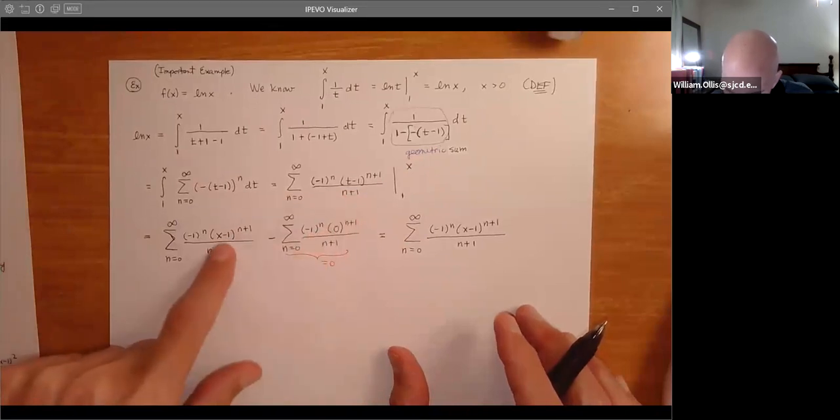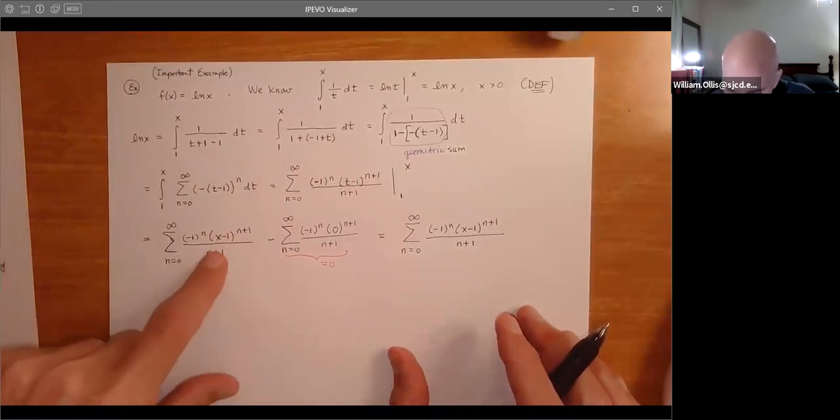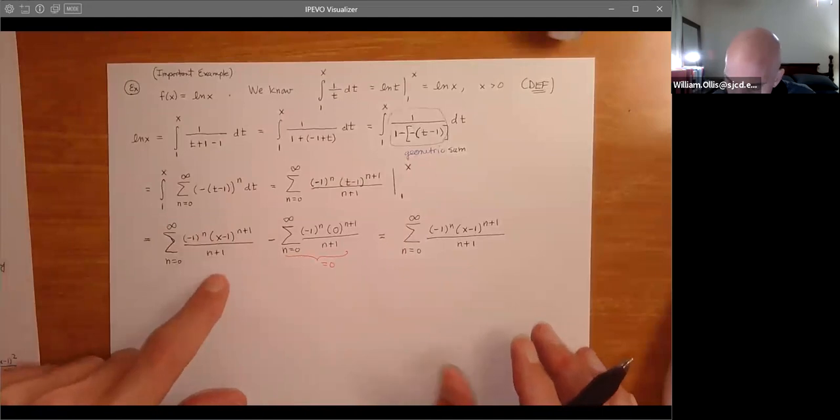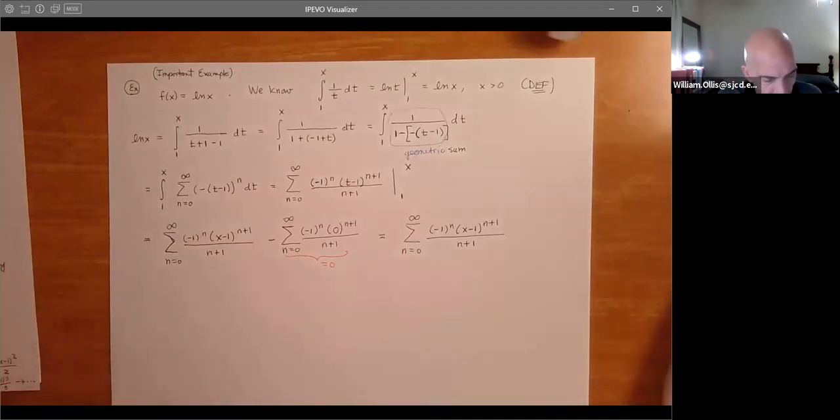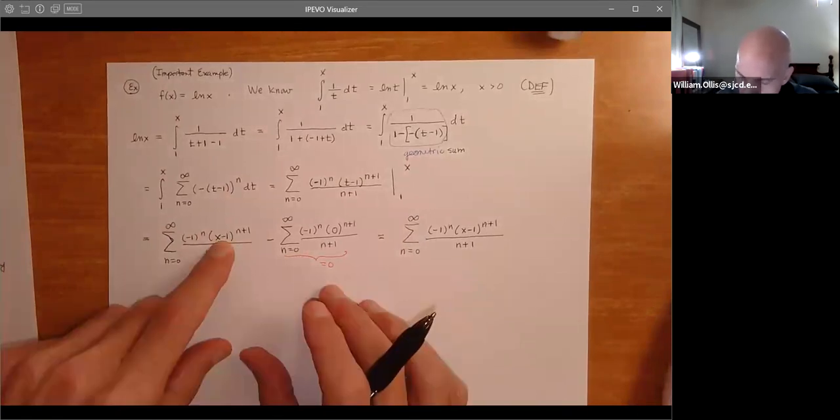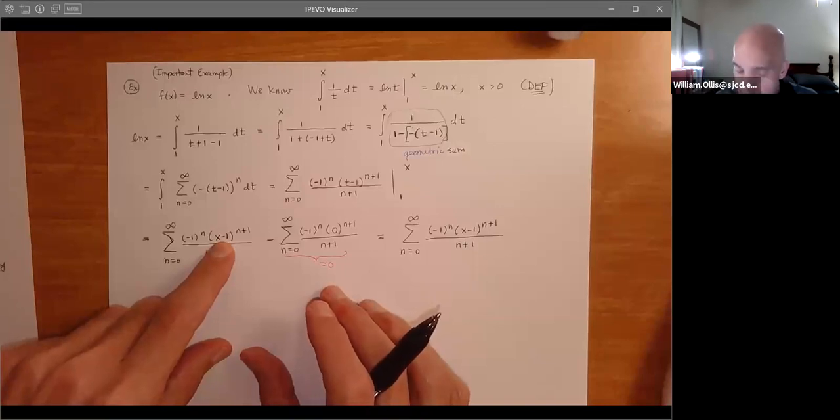And when you think about a geometric series and how you've actually generated all of this, you're thinking, okay, we've got this x minus 1 that's raised to the power right here. And then we say this in absolute value must be less than 1.